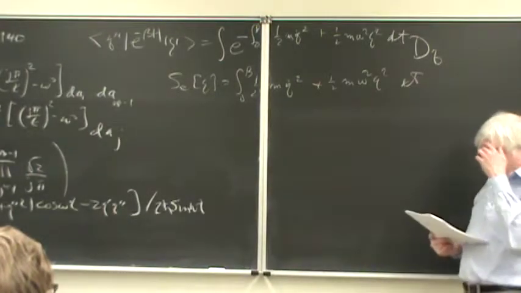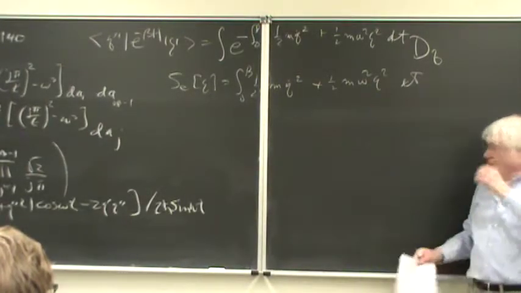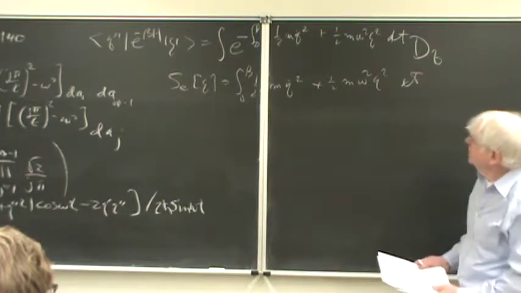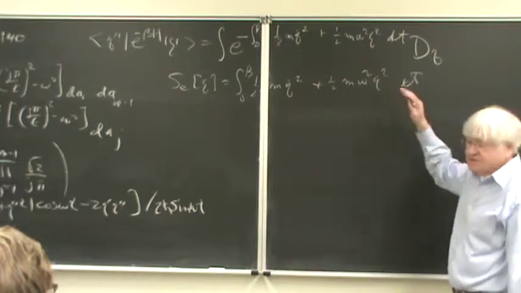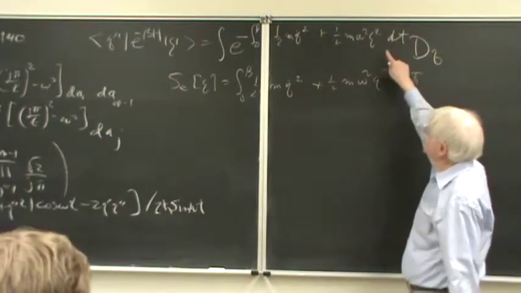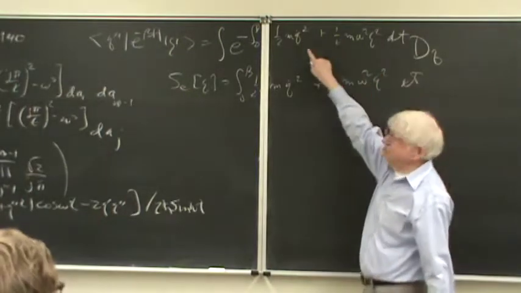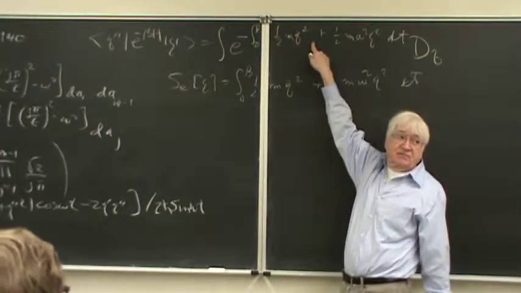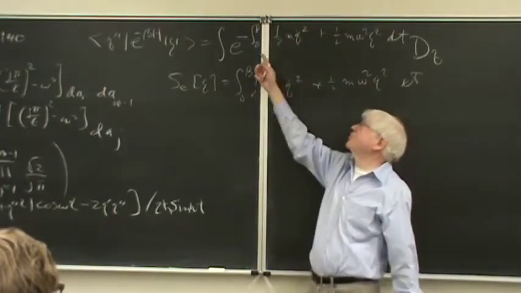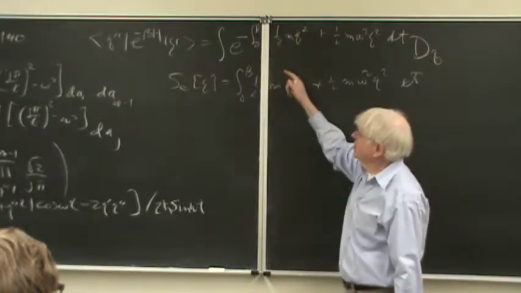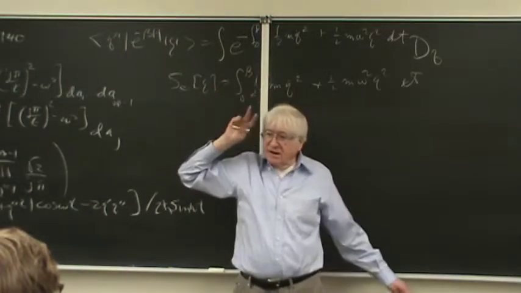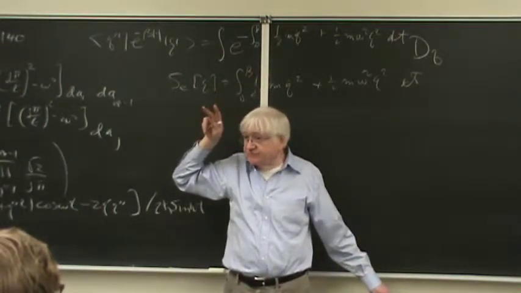Now, what we want is to find the solution, or so to speak the thermoclassical path that makes the biggest contribution here, subject to the condition that it actually goes from q prime to q double prime in imaginary time beta.